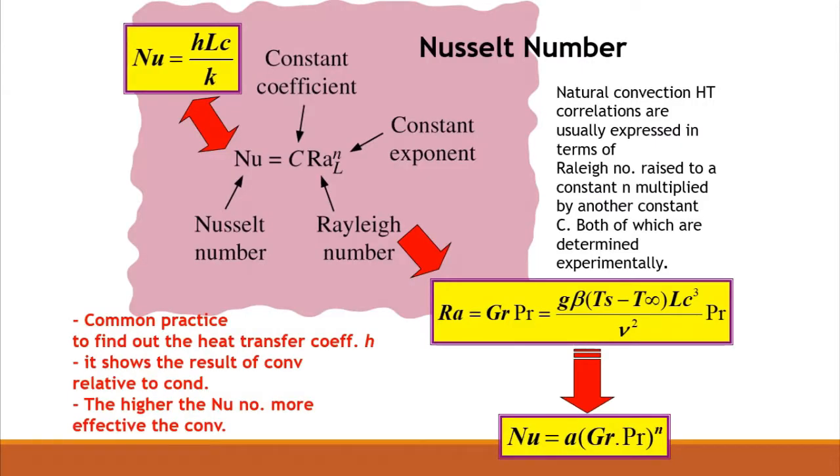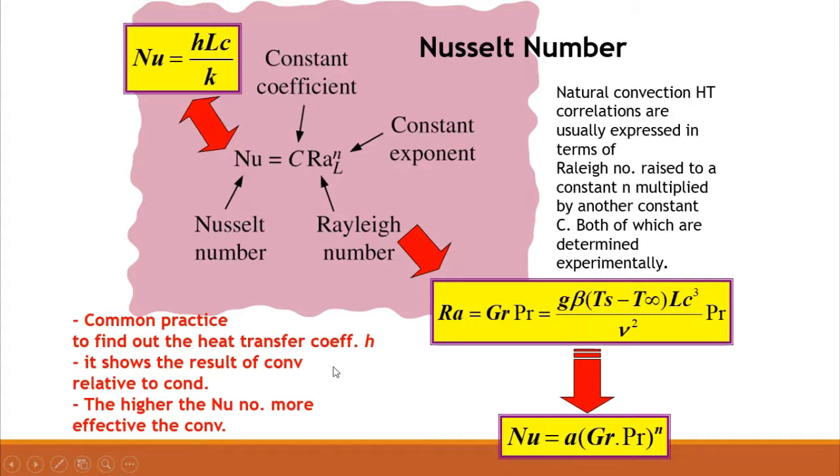Next one is the Nusselt number. The Nusselt number is the combination of coefficient, exponent, and Rayleigh number. In natural convection, heat transfer correlations are usually expressed in terms of the Rayleigh number raised to a constant n, which is multiplied by another constant C. We can see this, both of which are determined experimentally.